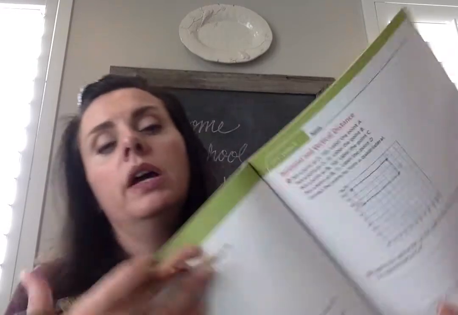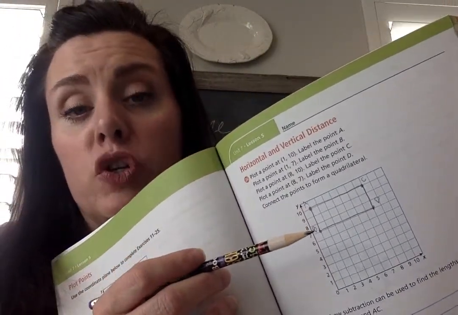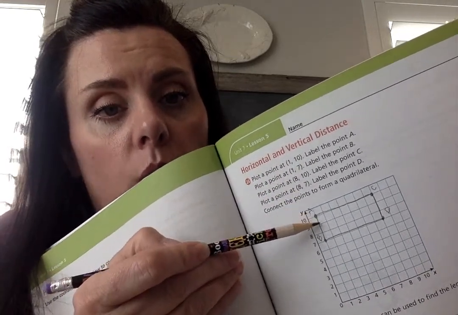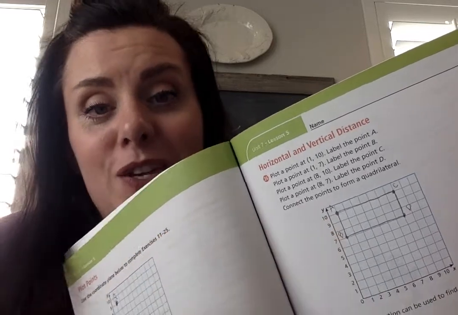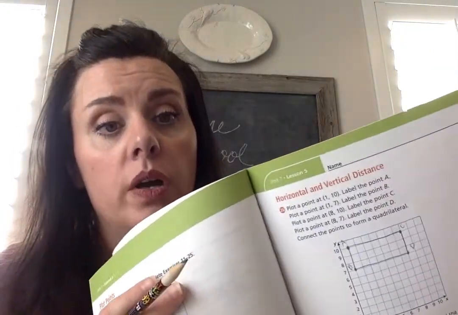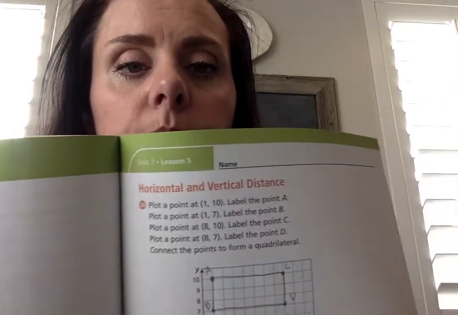Here's our line AB right now, okay? Remember we said there's two ways to find it. We could count, so let's see, we've got 1, 2, 3 units, or we could also subtract, okay? And let's see how we do that.